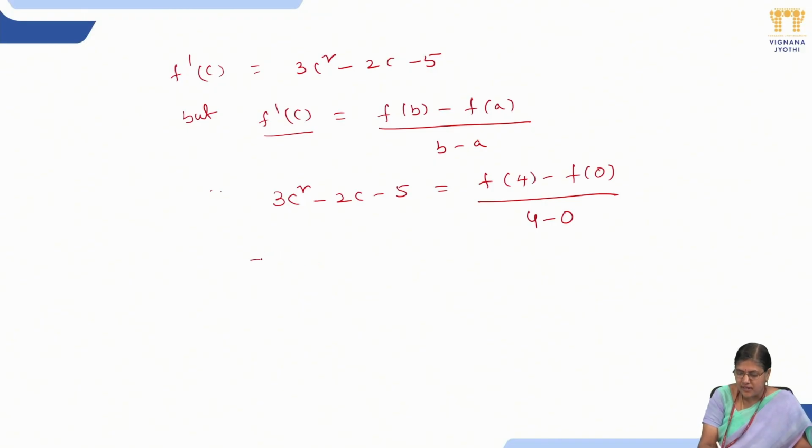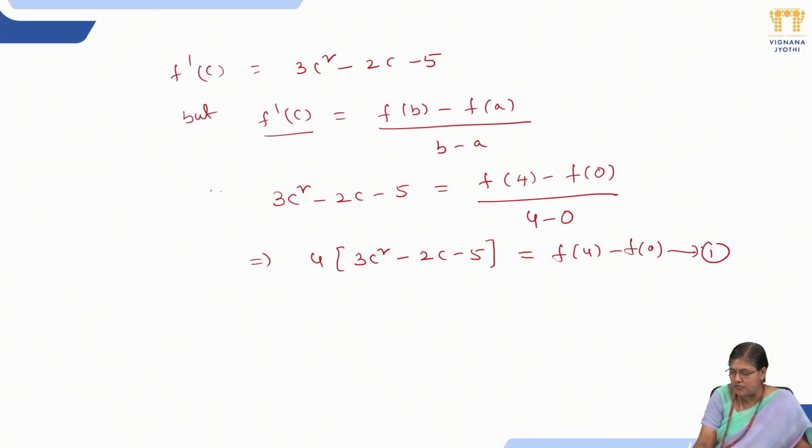So, simplifying, we have 4 into 3c square minus 2c minus 5 is equal to f of 4 minus f of 0. Take it as equation number 1.